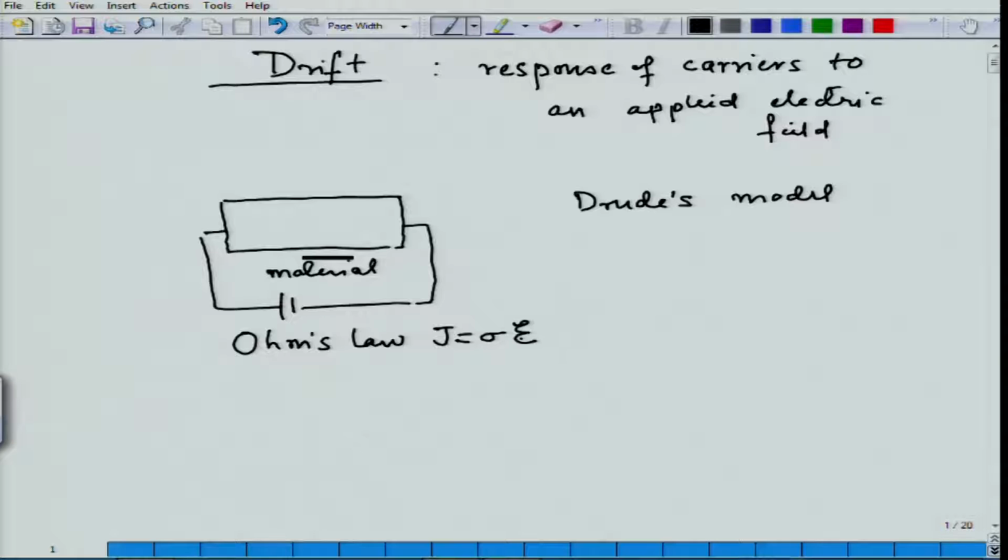Now, in order to explain Ohm's law, we started the discussion in this course to understand how electricity is conducted inside a material, and then the progression from there. We realized that the classical picture of just negative carriers, electrons, carrying the current was not sufficient to explain the electrical conductivity in all materials, and so it led to quantum mechanics, and then from quantum mechanics to the electronic structure of materials.